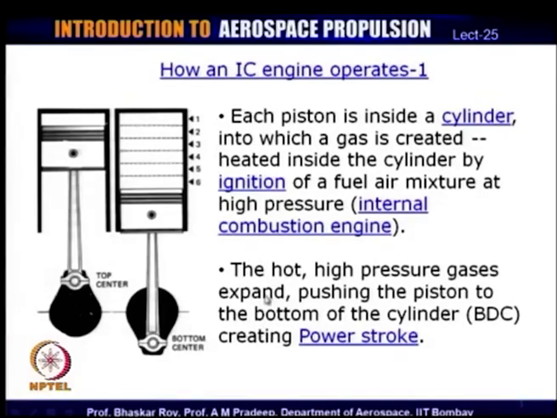It moves the piston from the top of this station to the bottom over here, which we have called the top dead center and the bottom dead center. Once they reach the top and the bottom, the piston starts its journey backward. That means, from the bottom it starts moving to the top, and when it reaches the top, after the ignition and the heating, it starts moving to the bottom. So, that is the movement of the piston.